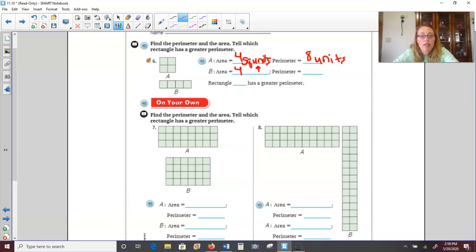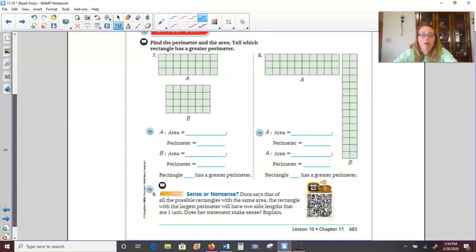And then 1 on each side would make it 10. And again, same label there. So which rectangle has the greatest perimeter, greatest distance around? Well, 10 is greater than 8, so that would be rectangle B. And again, it follows that pattern. It has a measurement of 1 unit on each side, and it's stretched out across the top and bottom.